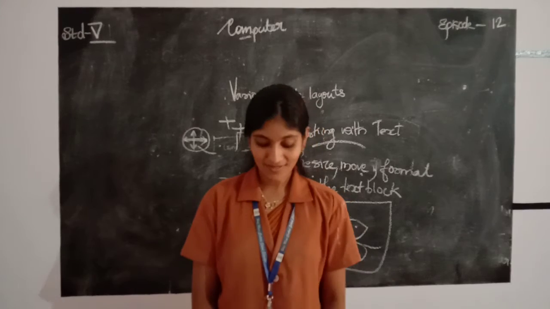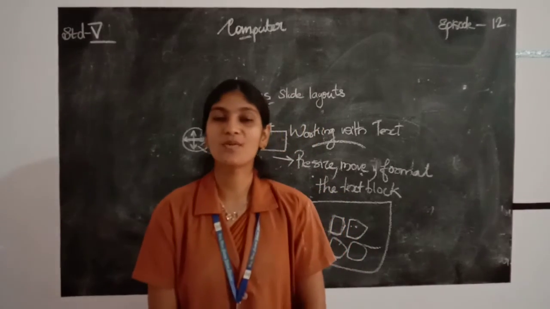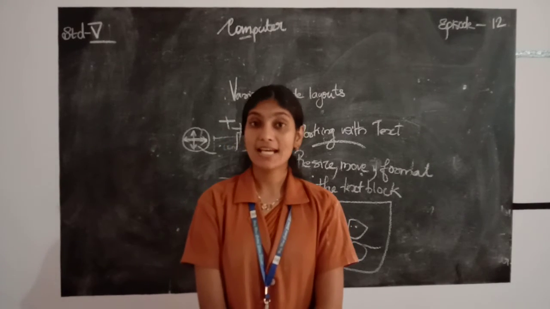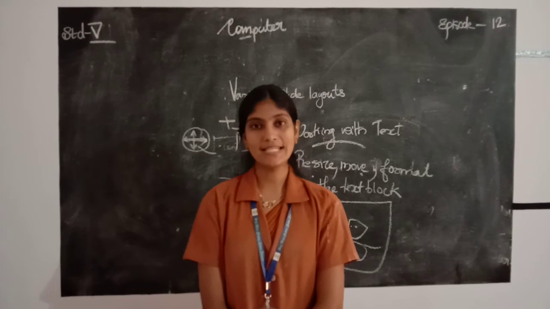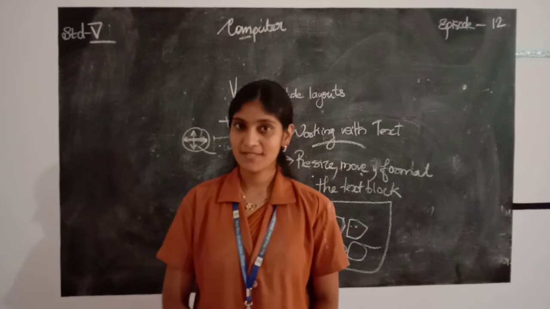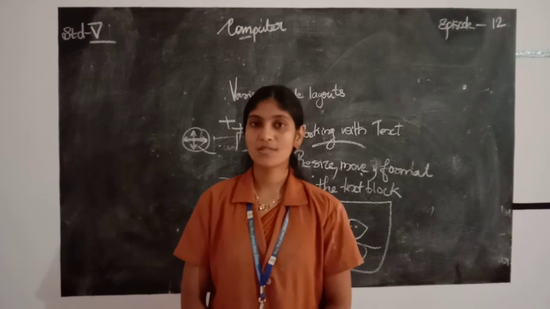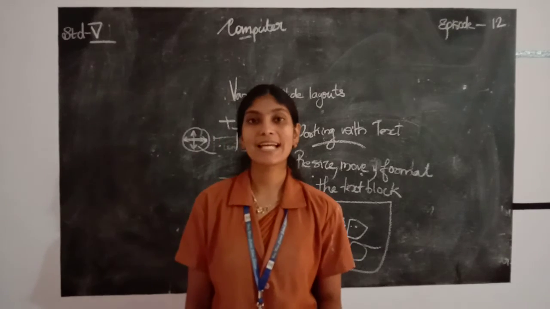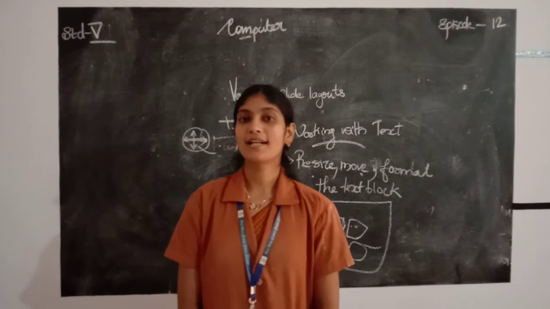So what are the things we have learned today? First, various types of layouts. There are different types of layouts. What are they? Title layout. Title layout means it contains only titles. For example, we can use it for a welcome slide, thank you slide, etc. Then the second one is two content slide.